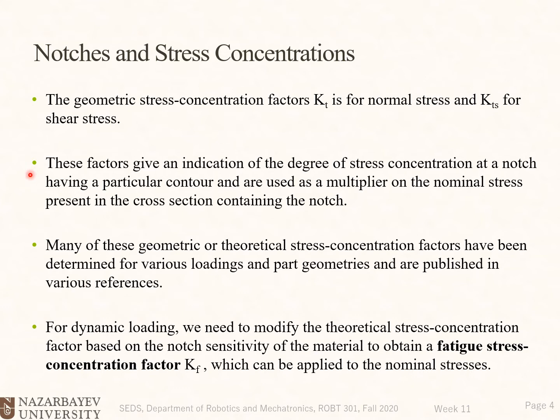These factors give an indication of the degree of stress concentration at the notch having a particular contour and are used as a multiplier on the nominal stress present in the cross-section containing the notch. Why do we call it geometric stress concentration? Because it only depends on the geometry of the part. And again, these are used for static loads.